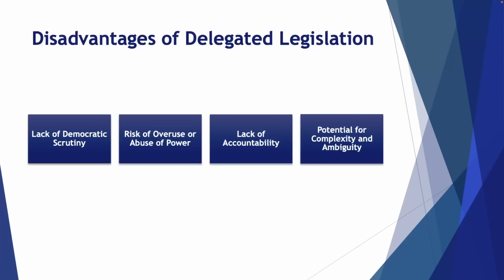There is also the potential for complexity and ambiguity. While delegated legislation can be highly technical, it could also become excessively complex and difficult to understand, especially for those whom it directly affects. The detailed nature of delegated legislation might make it harder for the public or even practitioners to interpret or to comply with these rules.